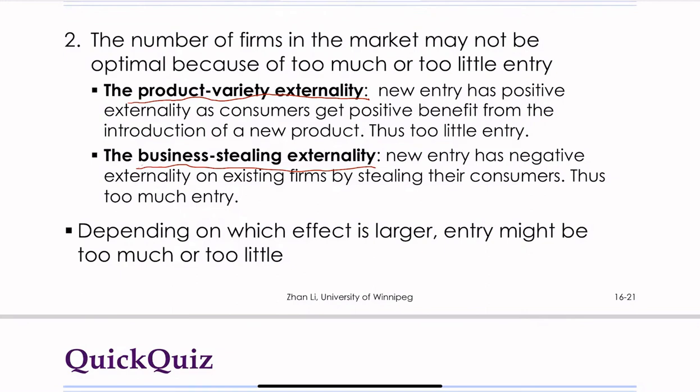In that case, we learned the market outcome is producing an inefficiently high level of output. So here it means the entry will be too much. You can see that depending on which effect is larger, entry might be too much or too little. So in this case, it's actually hard to say whether in the end the entry is too much or too little, unless we can precisely measure the effect from these two different externalities.